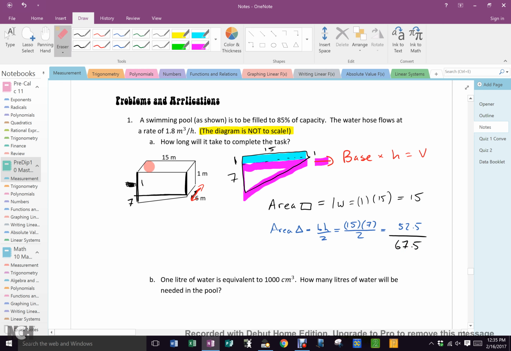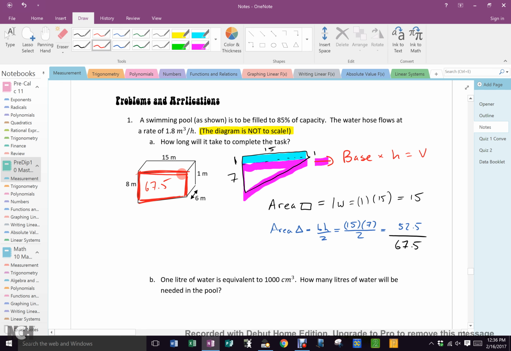So that means that the whole front of my pool is 67.5, isn't it? Does everybody understand? Now, this shape that I'm coloring in red is 67.5.